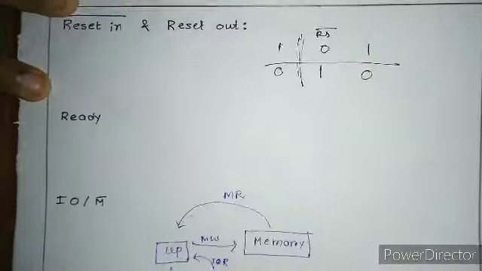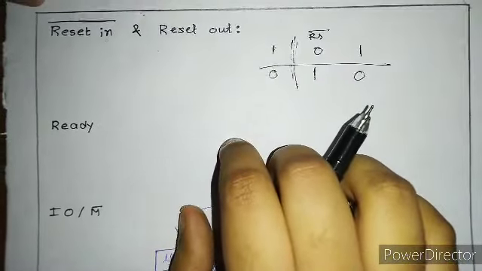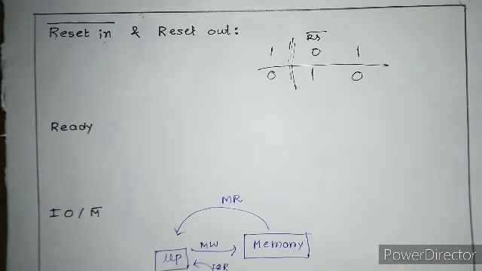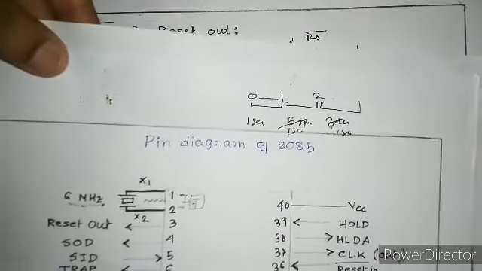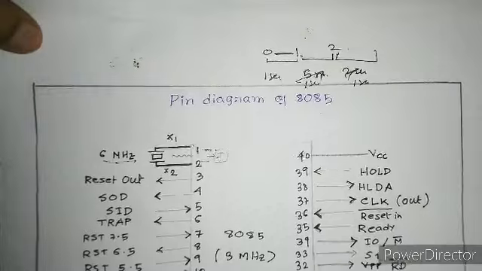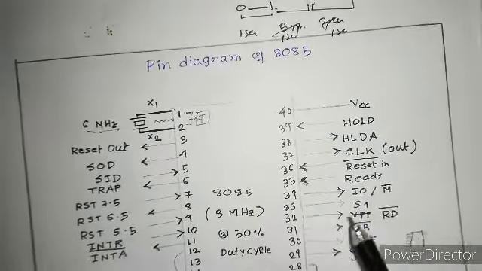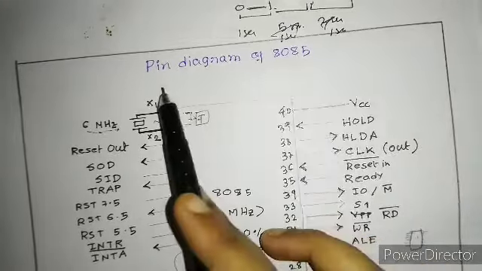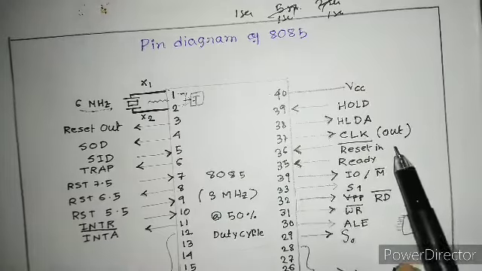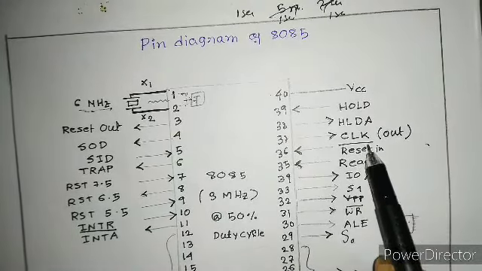Reset, I think we all do at a particular point in our life that we reset our device and all. So first what you have to do is produce a signal on reset in, which means that our processor needs to be reset. Once it is produced, you have to give it 0 so that it will convert into 1.